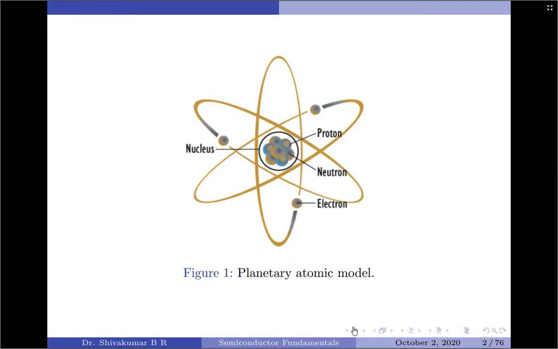Before we come up with a more accurate and useful model, let's take a closer look at the subcomponents, namely proton, neutron, and electron. Most of the mass of any given atom is from the protons and neutrons. Protons and neutrons have similar masses, about 1.67 × 10^-24 grams each.